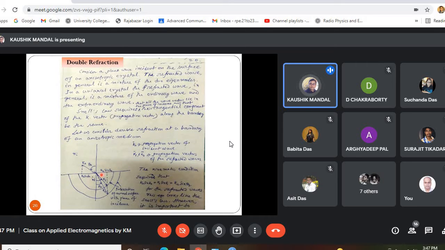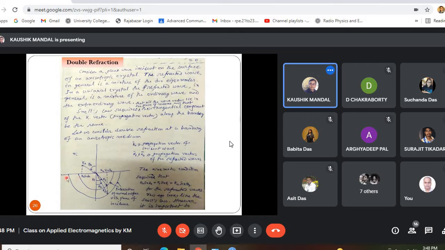So we are considering there are two surfaces with two different refractive indices or two different K values. This is surface 1, this is surface or shell number 2, and this is the boundary line. Now we have to consider the refraction phenomenon at this boundary of the anisotropic medium. We are considering a plane wave incident on this boundary of the anisotropic media.